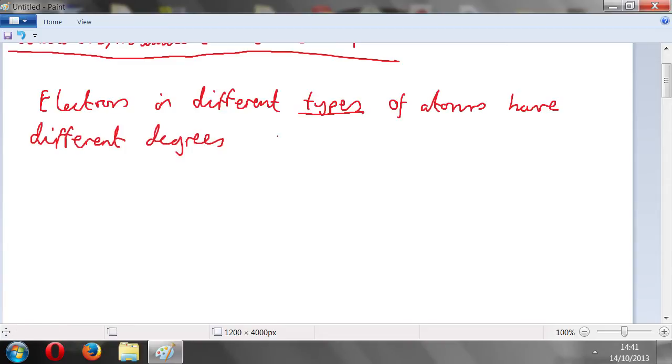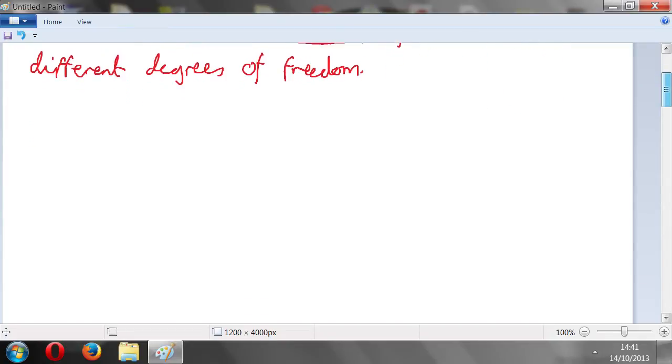Depending on the type of atom, the electrons are going to be either free or less free. And so let's look at how they're categorized.